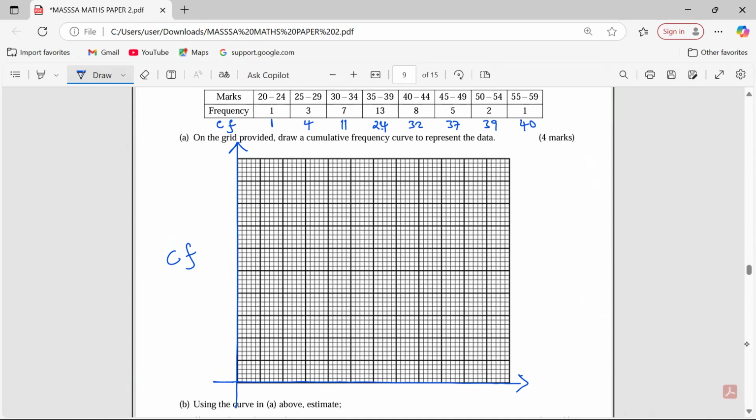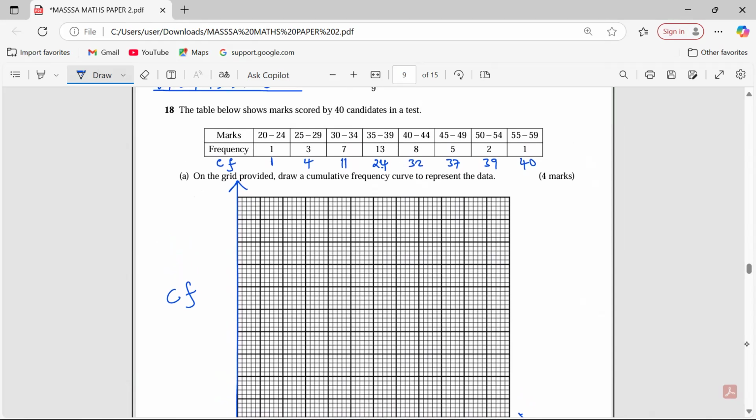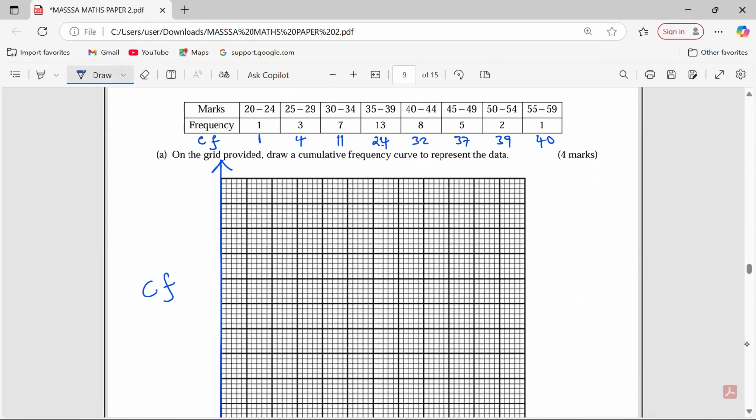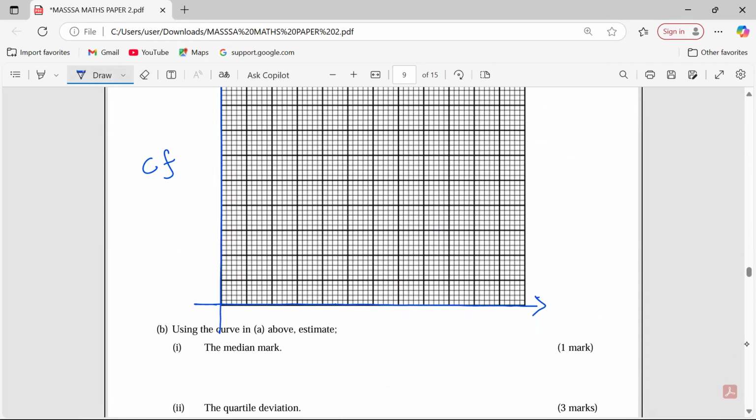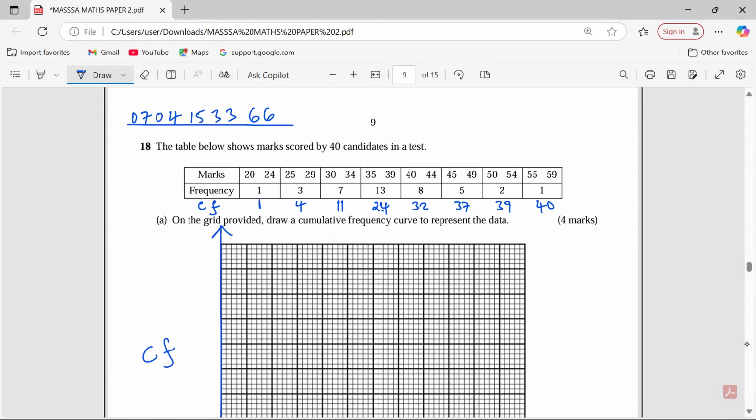So we start with the least upper boundary, which is 19.5, all the way to 24.5. From 19.5 to 24.5, the upper boundary. I can use intervals of 5.